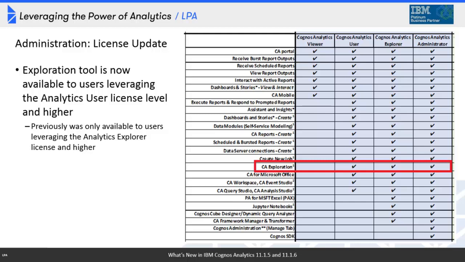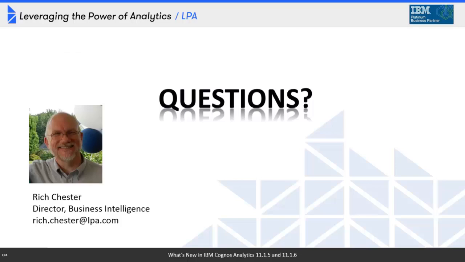IBM just announced that they have changed the licensing so that the exploration tool is now available at the next license level lower, the Analytics User license. So if you have Analytics users, you can now authorize them to leverage the exploration tool. Heretofore, you could not because they required the next level up. And that, my friends, is R6.